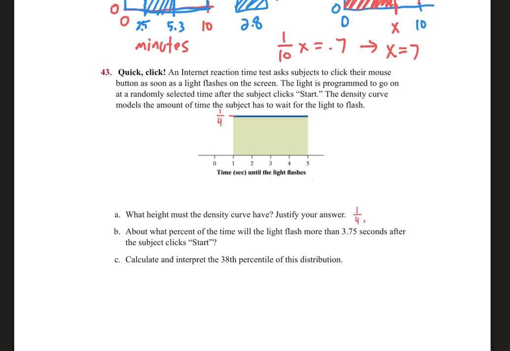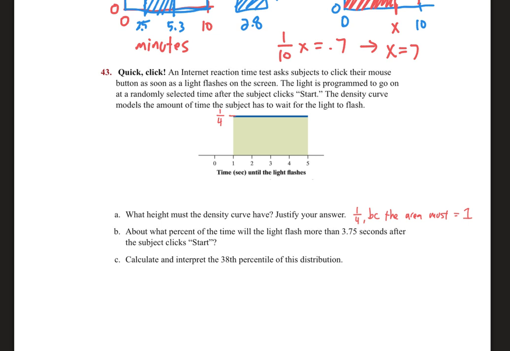And to justify, the area must equal 1. If the height's 1/4, then the area of that rectangle will equal 1.